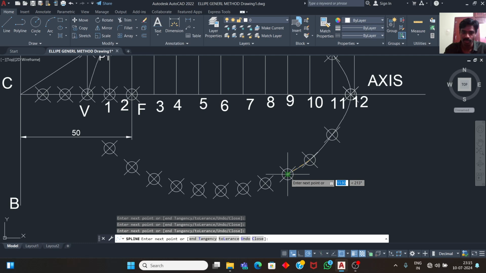Below the axis line, the points also we need to mark.